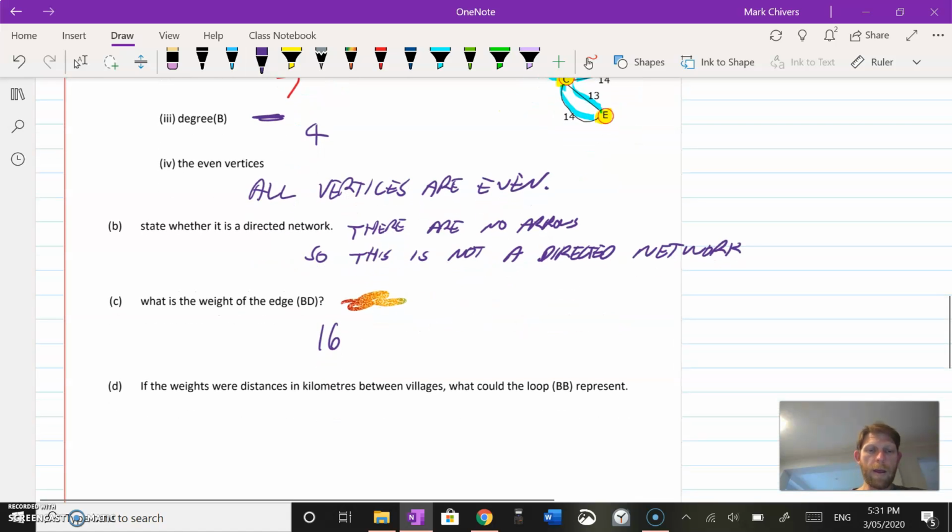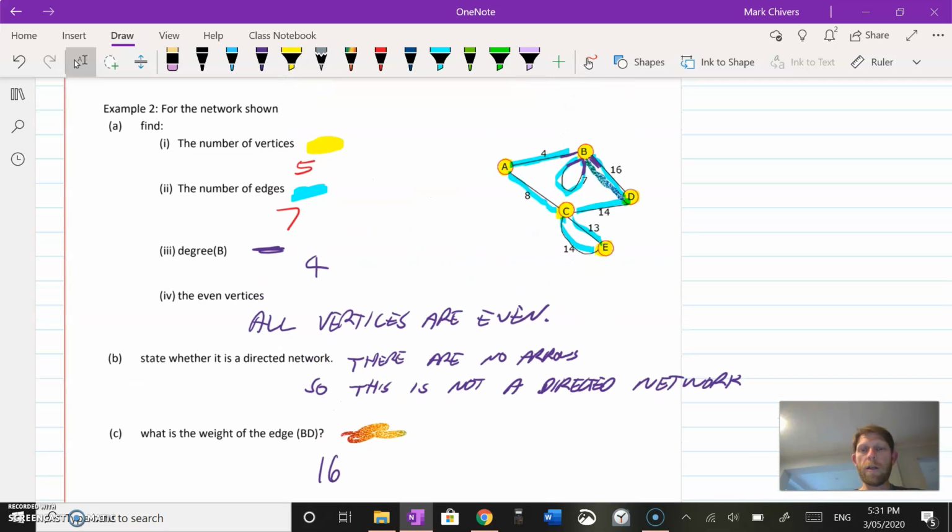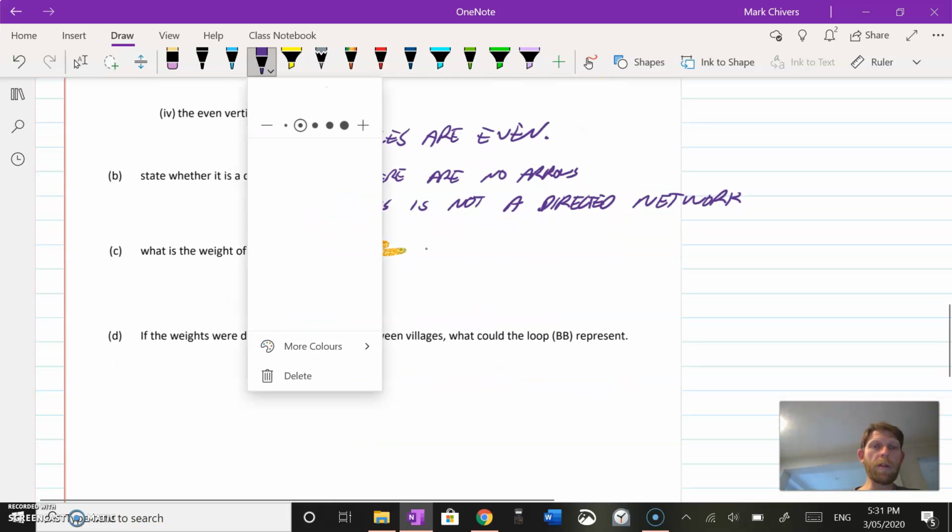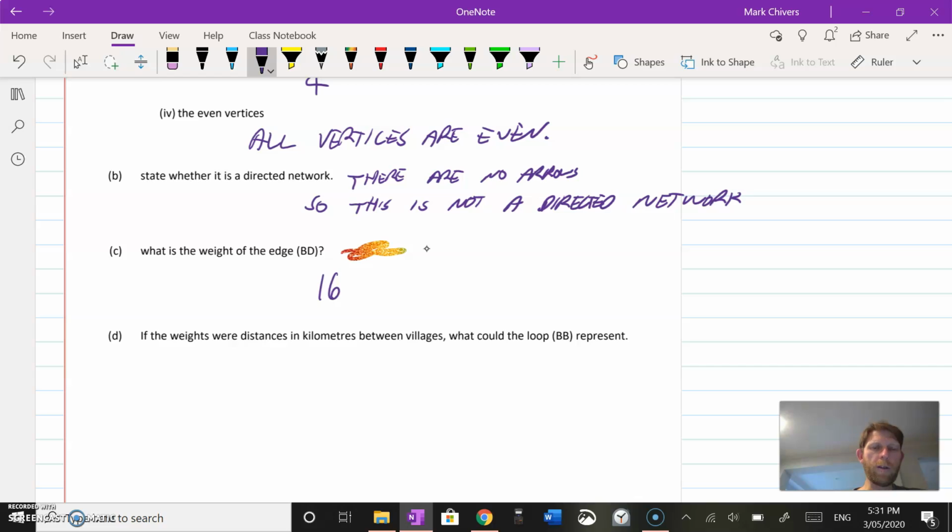Okay. If the weights were distances in kilometres between villages, what would the loop BB represent? So we've got roads between villages, and we've got this loop going to no villages. And there's a whole manner of ways in which we can think about it, but it's just a road that does not connect to another village.